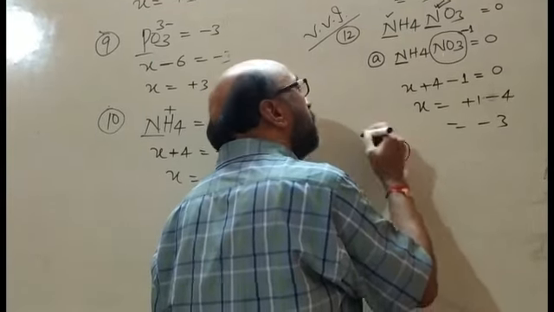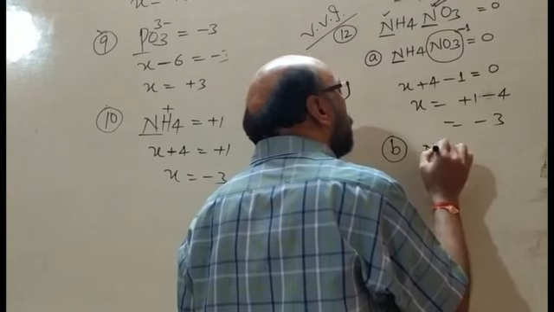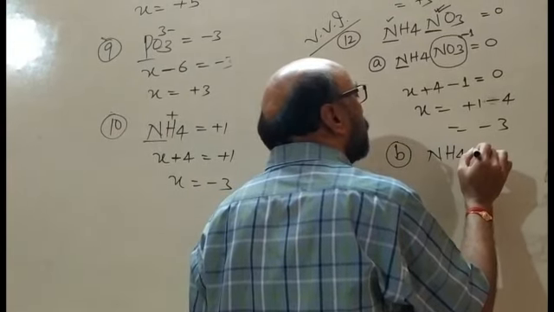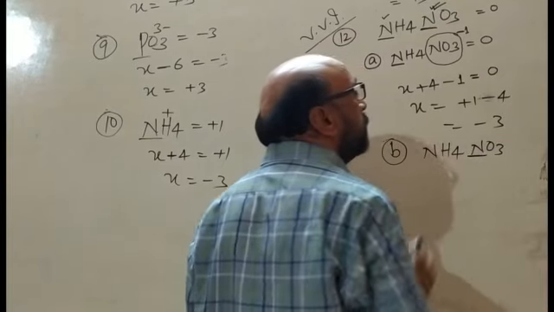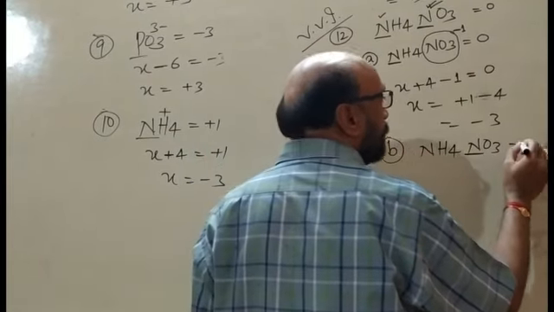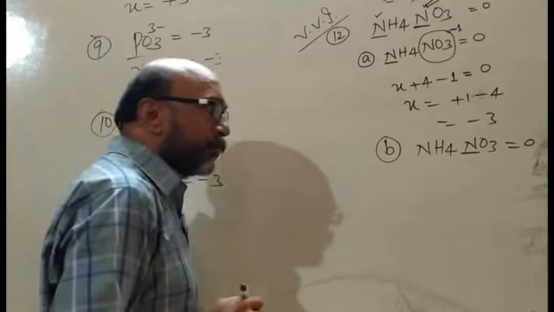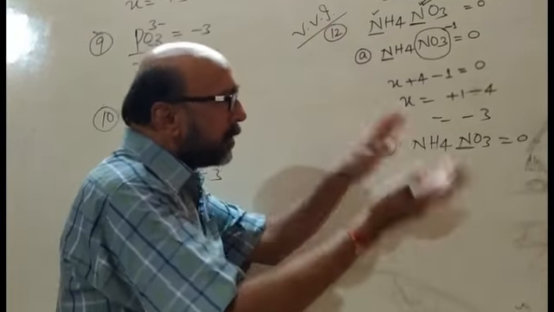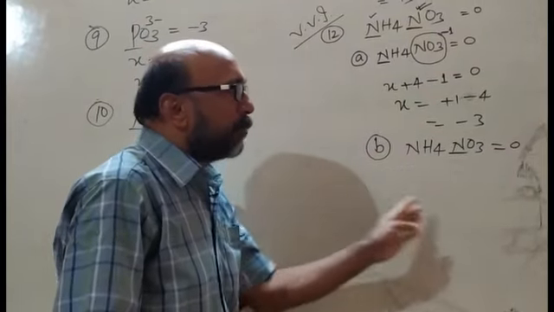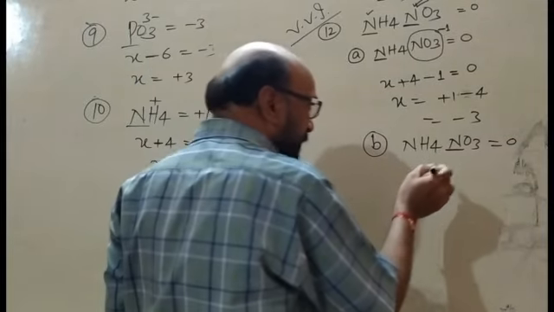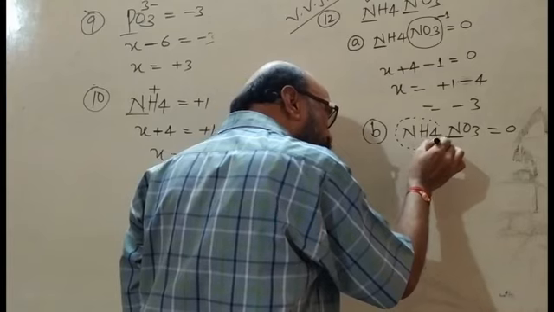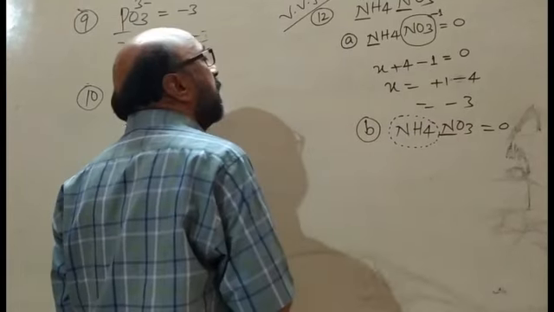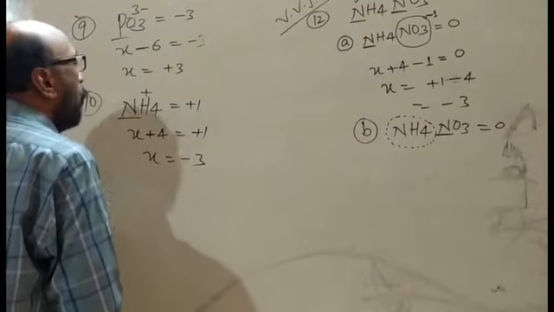And in the second part of the calculation, we shall calculate the oxidation state of this other nitrogen atom. Again, we shall use the charge of the compound as a whole, which is 0, and here we shall consider NH4 plus as a whole ion.